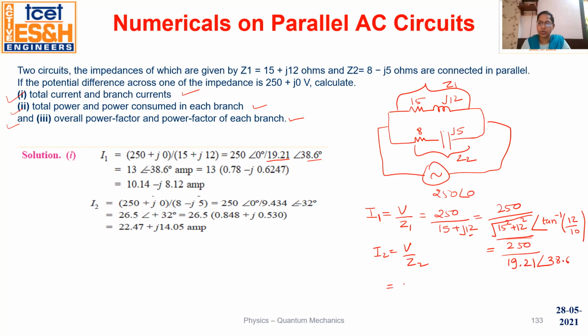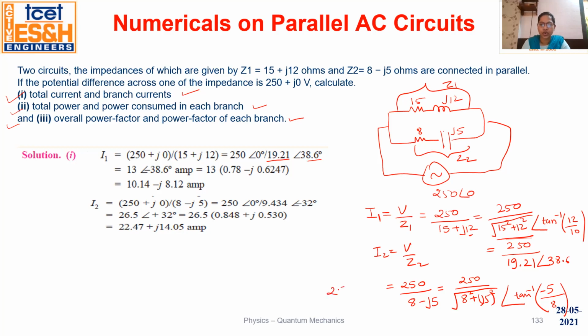Now for I2 it is again 250 divided by 8 minus J5. So it is equal to 250 divided by the square root of 8 square plus 5 square, angle tan inverse of minus 5 by 8.